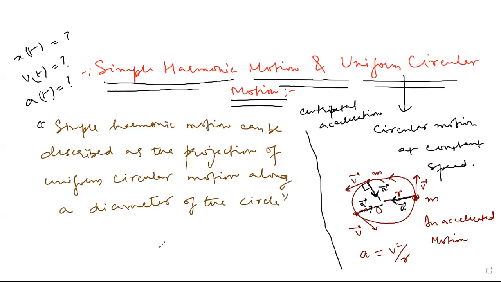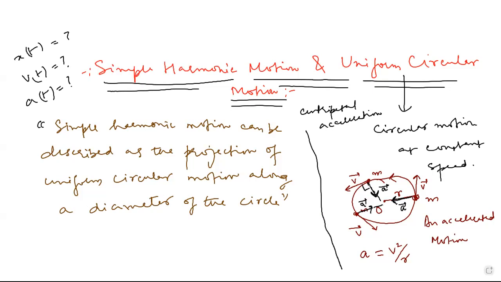Simple harmonic motion can be described as the projection of uniform circular motion along a diameter of the circle. This statement is the relation between simple harmonic motion and uniform circular motion.